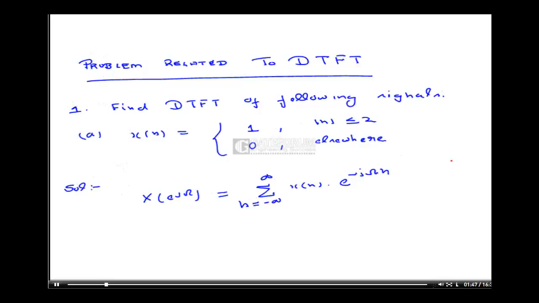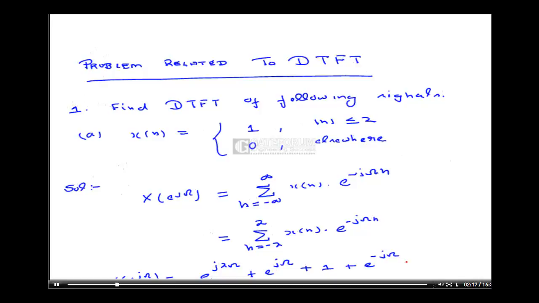With this, I can solve: summation n equal to minus 2 to 2 of x[n] e to the power minus j omega n. x[n] is 1 in between this limit, so I have X(e^j omega) as e to the power j2 omega plus e to the power j omega plus 1 plus e to the power minus j omega plus e to the power minus j2 omega.